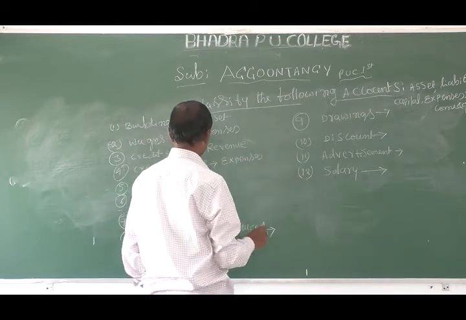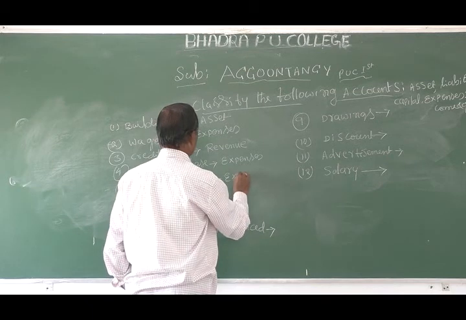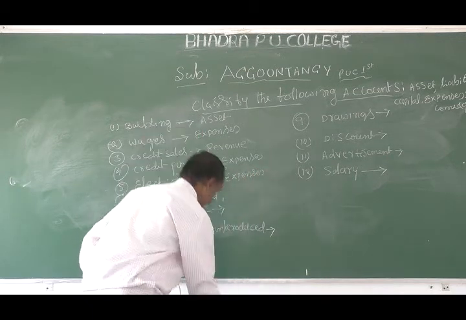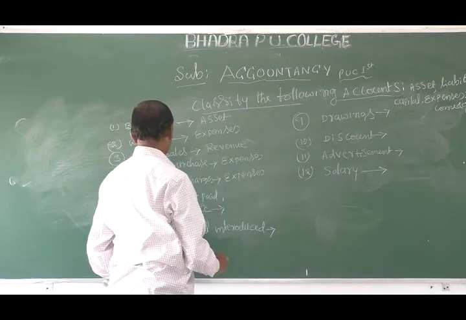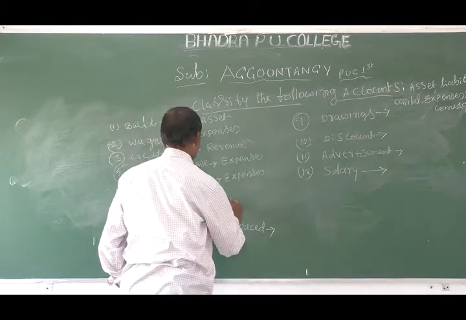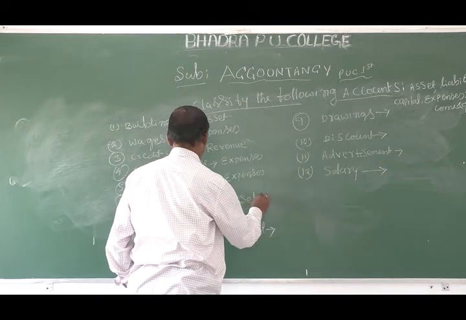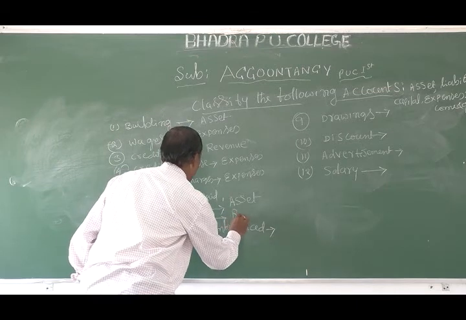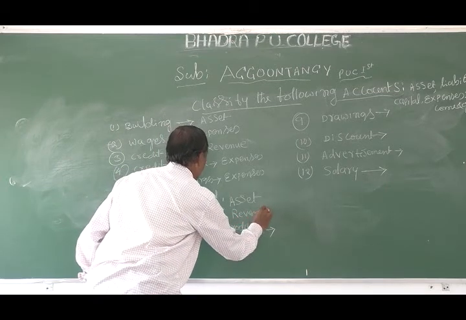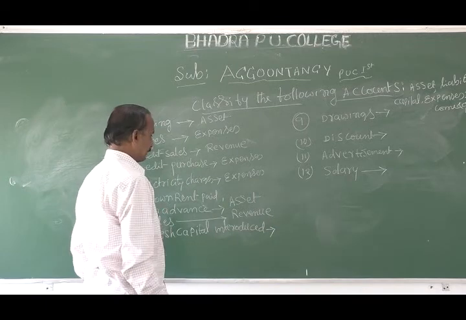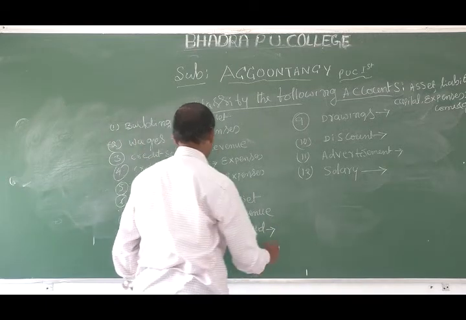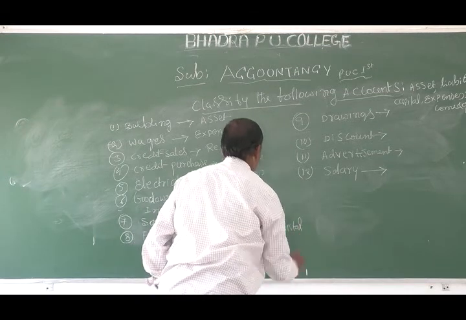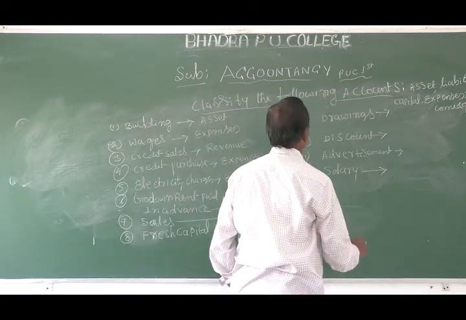Electricity charges, expenses. Godown rent paid in advance, asset. Sales, revenue. Fresh capital introduced, capital or liability.